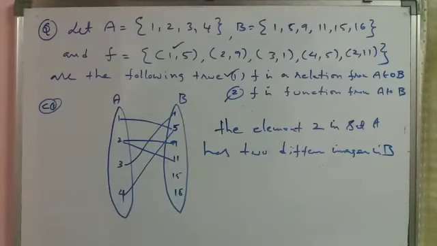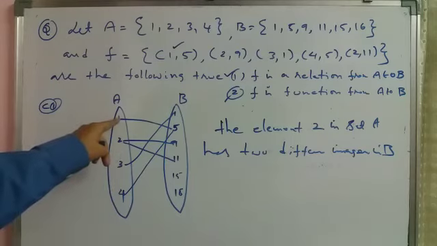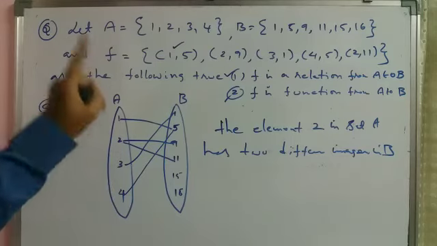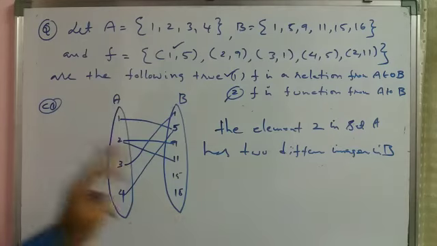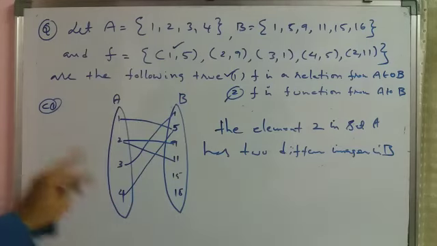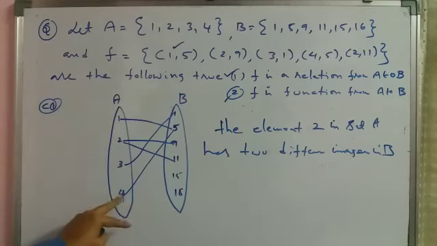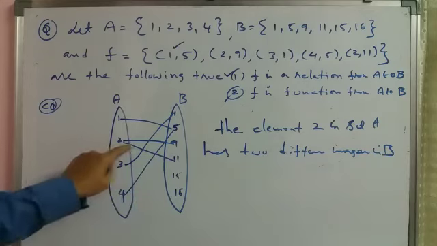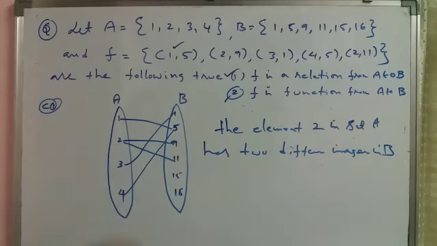Therefore, f is not a function. f is only a relation. Okay, students, function definition: every element in set A has a unique image in set B. 1 has only one image, no problem; 3 also has only one image, 4 also has only one image, but 2 has two images. For that reason it is not a function. Problem completed. Right? Next question.